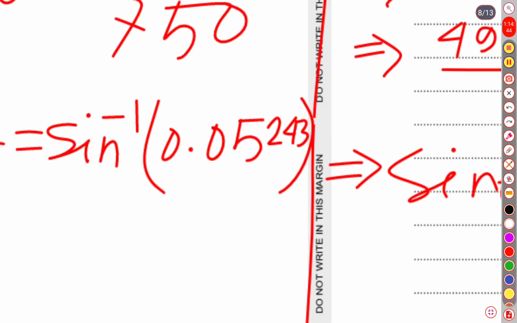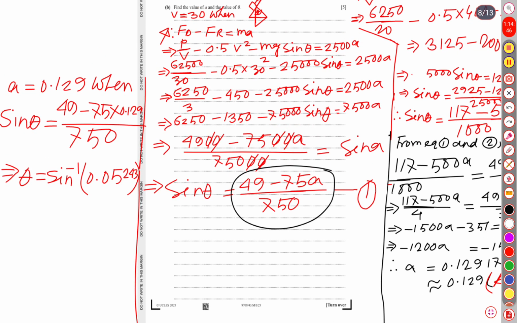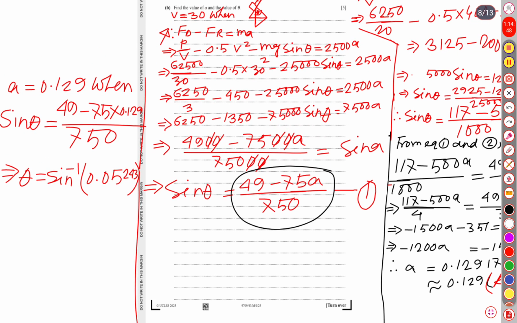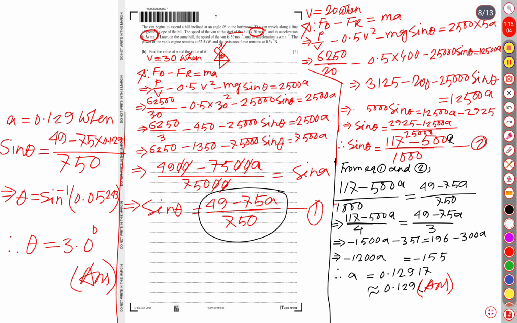Okay, then using our calculator we will find that theta is going to be 3.0 degrees. That is the answer to the final part of this question. So our acceleration is 0.129 and theta is 3 degrees.